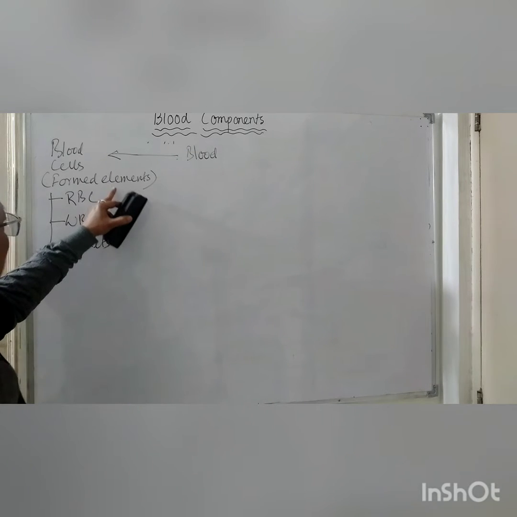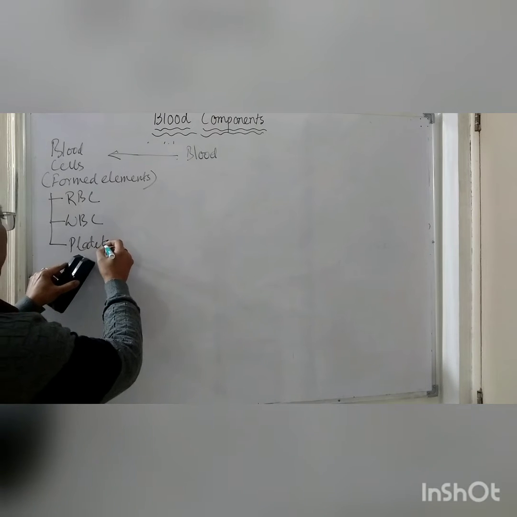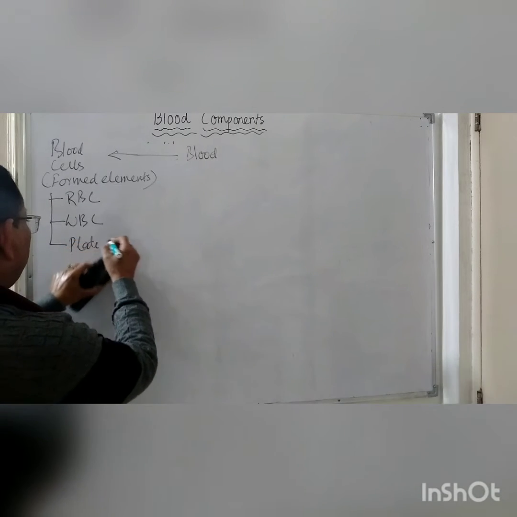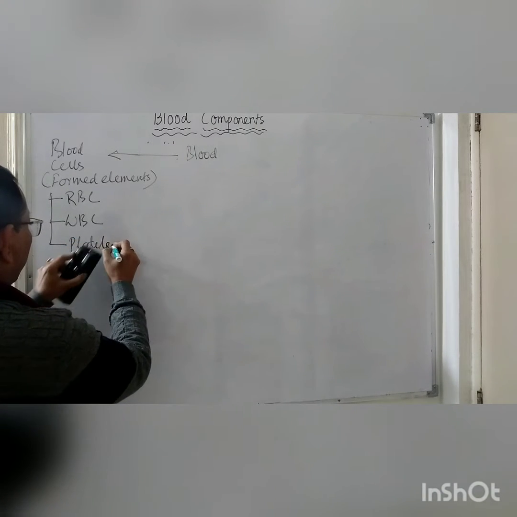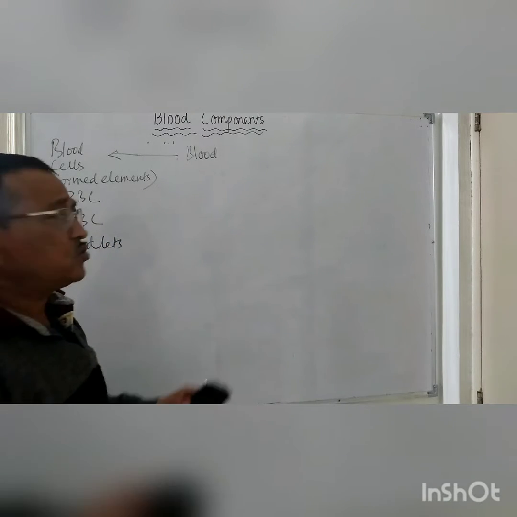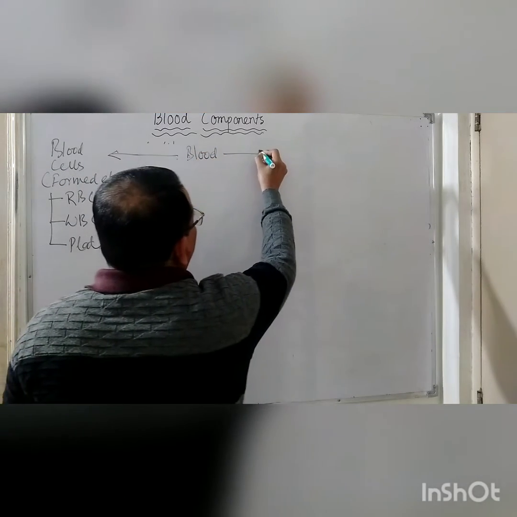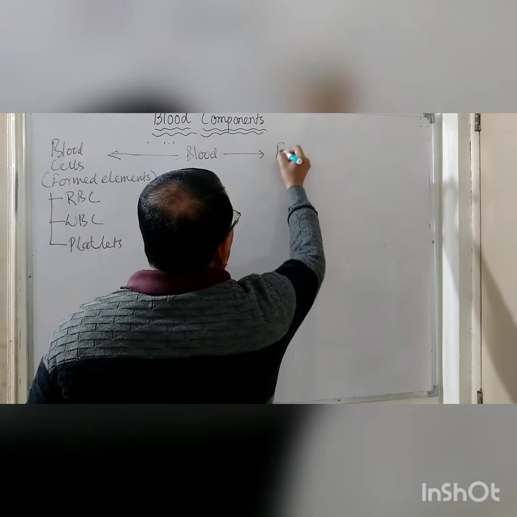Regarding the formed elements or cellular elements of the blood, I will discuss that in some other videos. So the second component of the blood is known as the fluidic compartment.